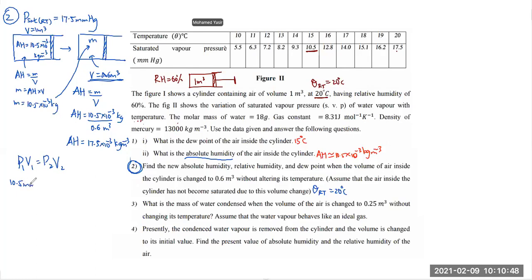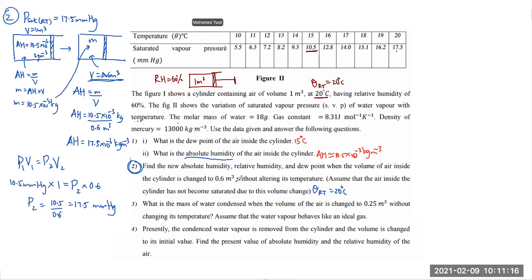That was the initial pressure. We found it here. 10.5 millimeter mercury into volume 1. P2, the new pressure, we don't know, I'll take it as P2 itself. And the new volume is 0.6. So P2 is equal to 10.5 over 0.6, and we are getting 17.5 millimeter mercury.